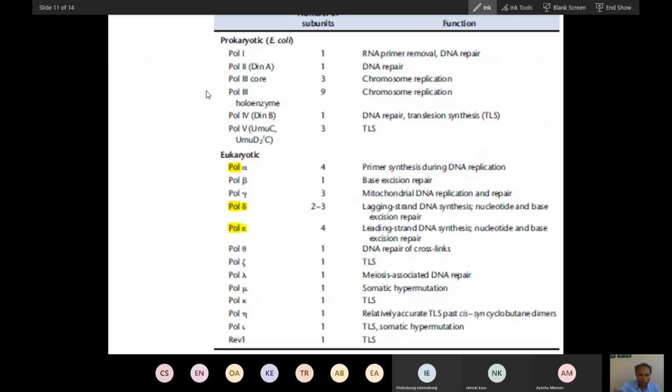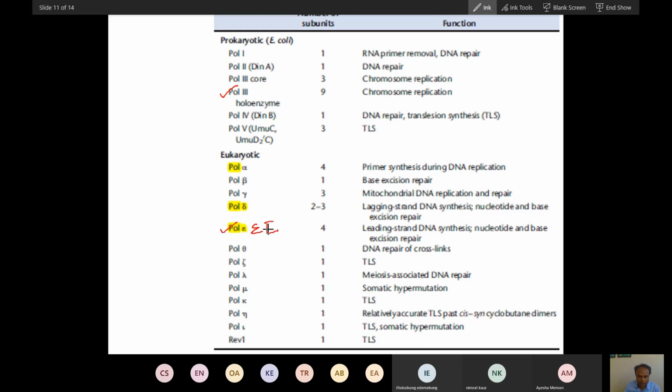Okay. Now, these are bacterial DNA polymerases. In our body, in eukaryotes, there are DNA polymerases named alpha, beta, gamma, delta, so there are many types. But the DNA polymerase equivalent to DNA polymerase 3 is DNA polymerase epsilon.